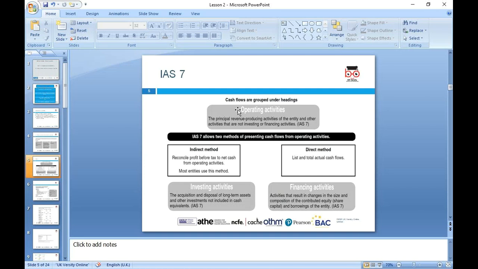If they have spare cash, they can invest money somewhere and buy different types of plant, machinery, or non-current asset. That's called investing activity. If they sell, the cash will come in. If they buy, the cash will go out. Then financing activity means you borrow more money.